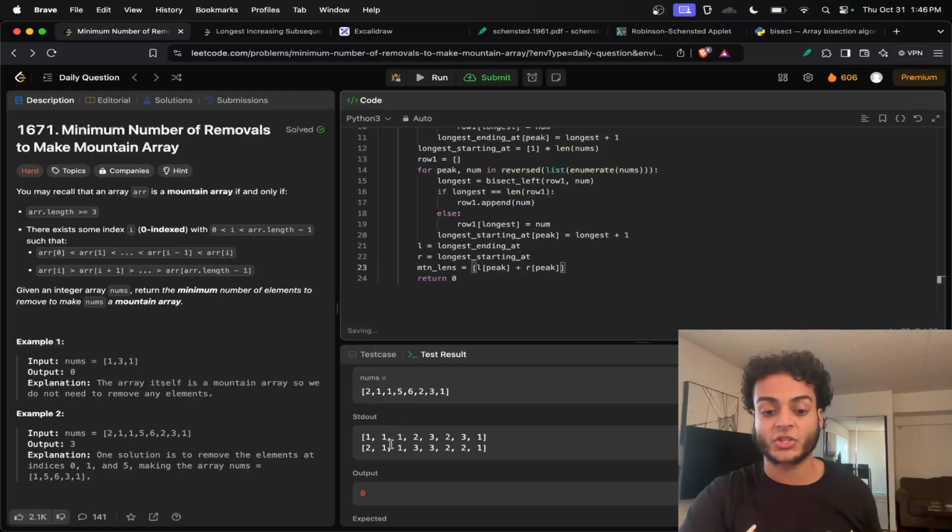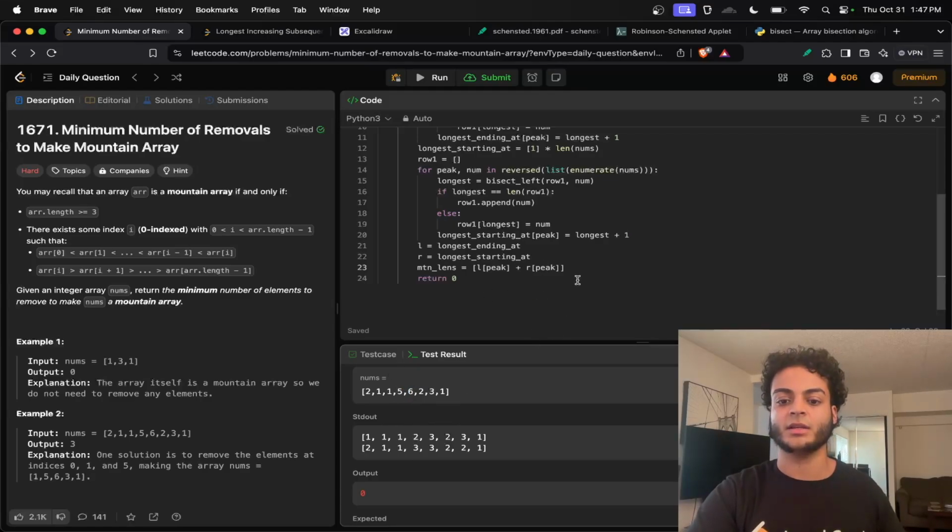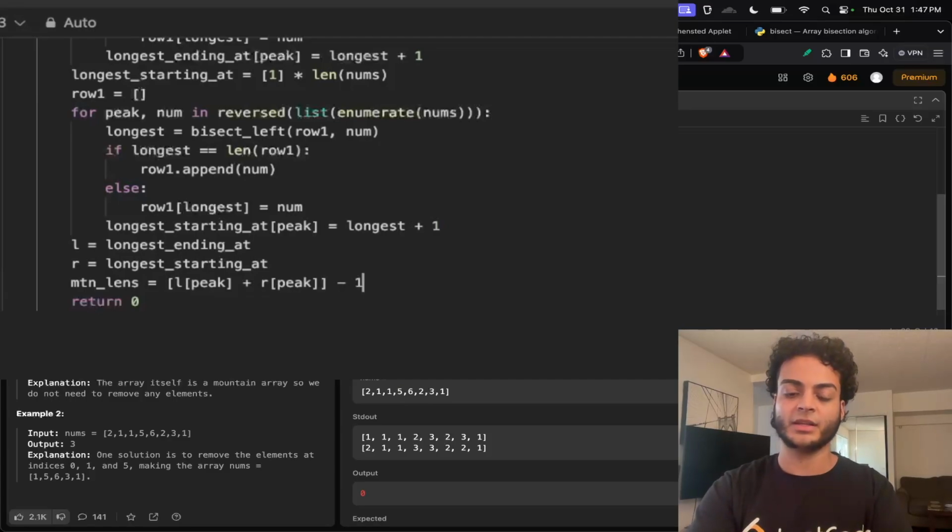And one thing we need to make sure of is not to overcount, right? Like 1, 5 right here is why this is 2, includes the peak. And 3 for 1, 2, 5 includes 5 for this number. If we just added them together, we'd count the 5 twice. So let's make sure to subtract 1 for the peak.